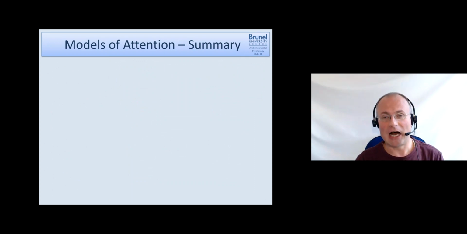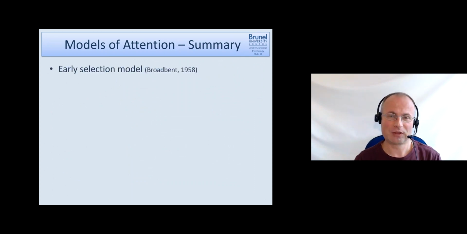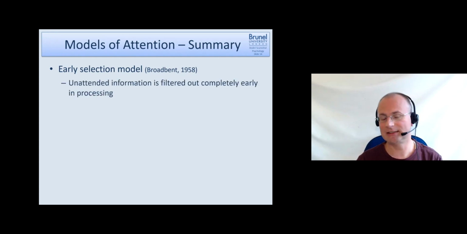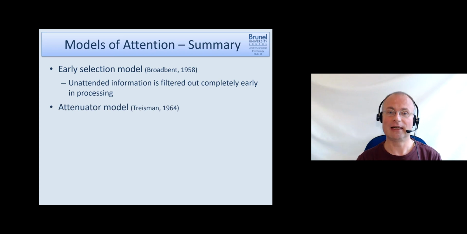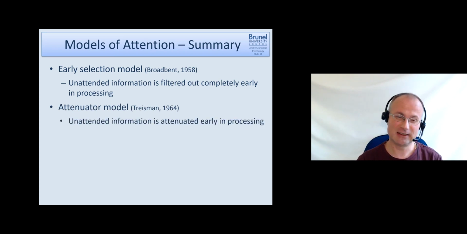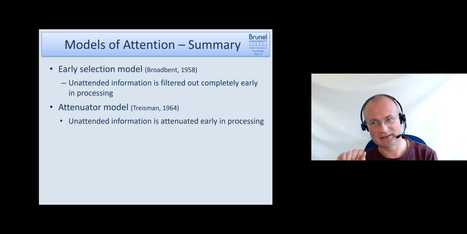Okay, let's summarize our models of attention. We have seen the early selection model, which says unattended information is filtered out completely very early in processing based on physical properties of the stimulus. The attenuator model built upon that and says, well, unattended information is only attenuated and not filtered out completely in processing.